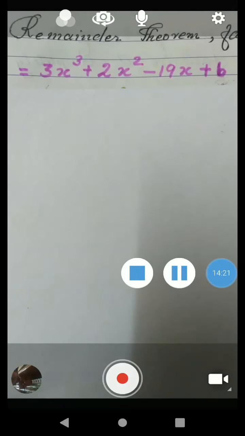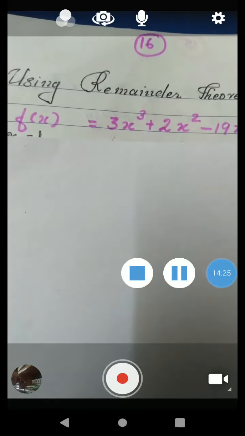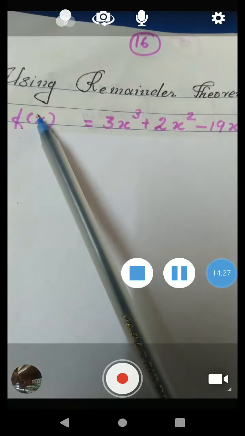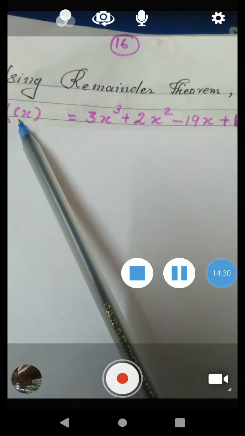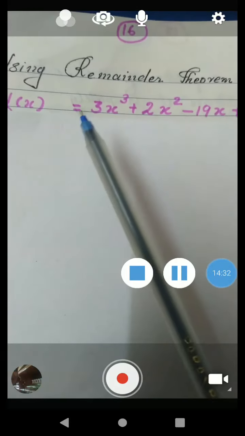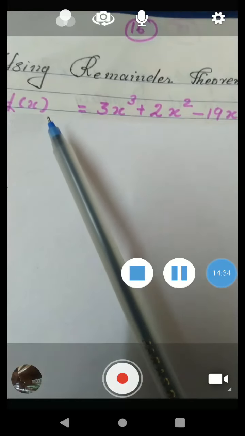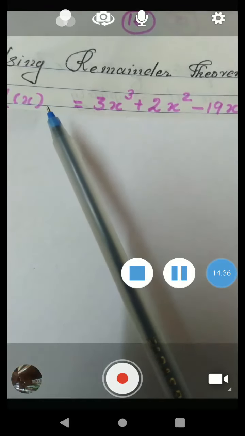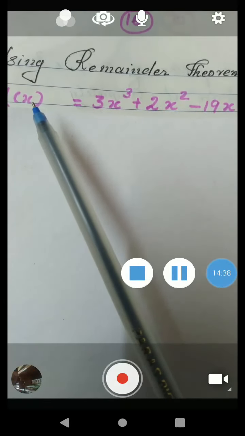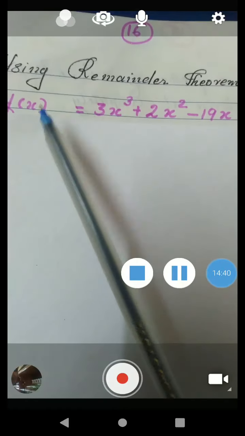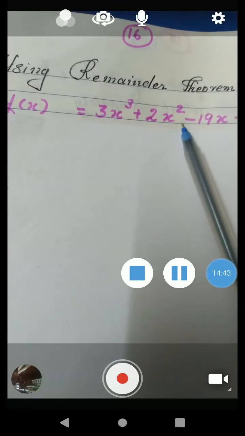We know that suppose f of 1 is equal to 0. If you get f of 1 as 0, by factor theorem or remainder theorem, we can say that x minus 1 is a factor of this expression.